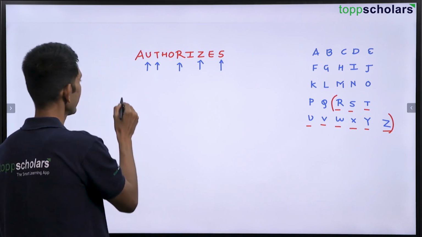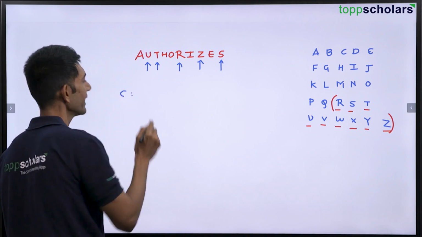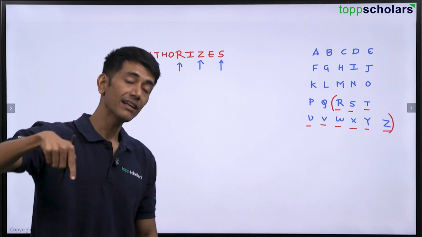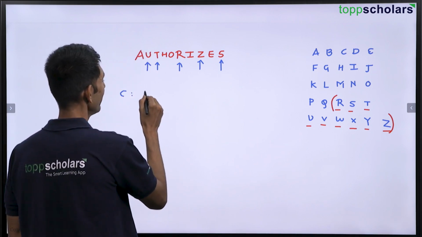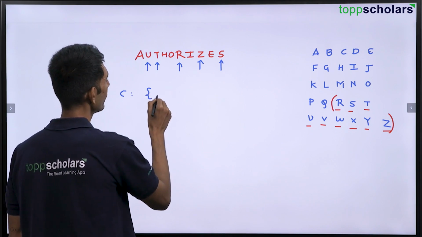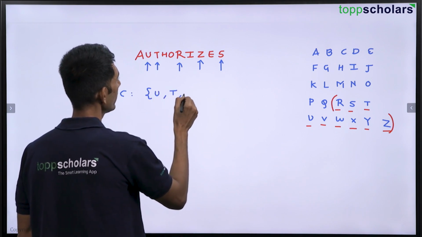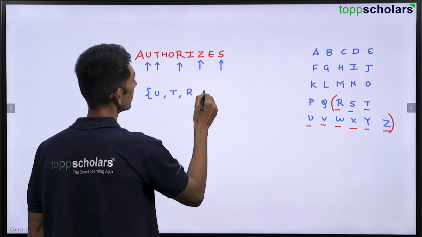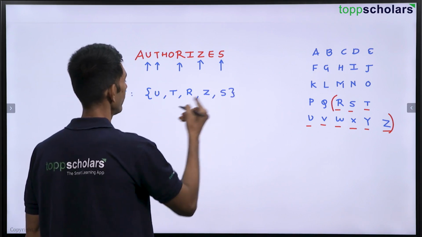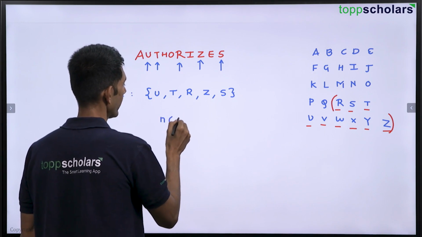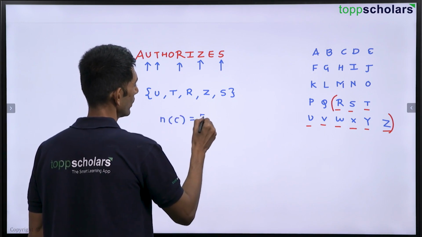So can I say if C is the event of getting one of the letters of the last 9 letters of English alphabet, in that the event C will have U, T, R, Z, S. So 1, 2, 3, 4, 5. So can I say n of C is equal to 5.